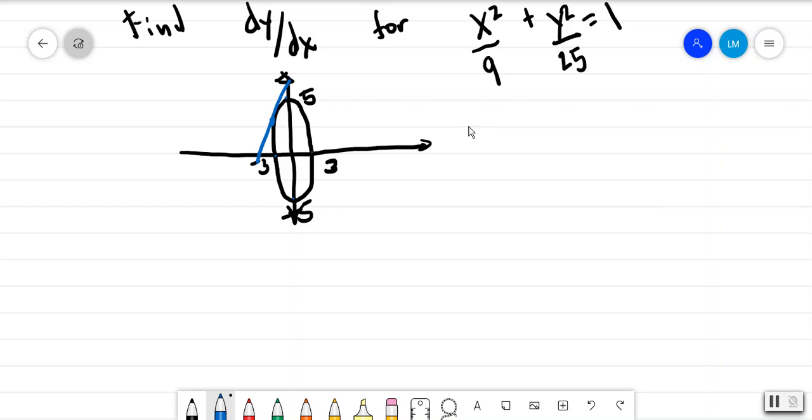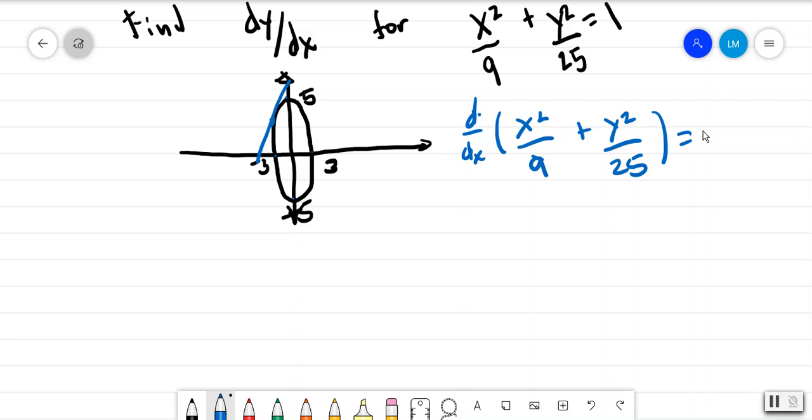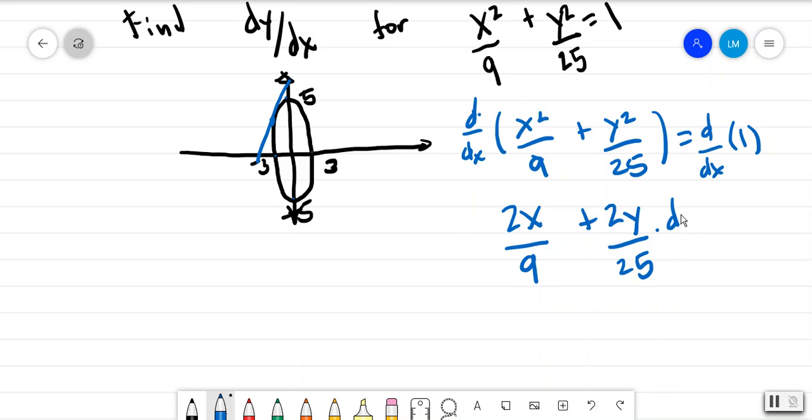Anyways, so we go and find dy/dx. We take the derivative on both sides of x squared over 9 plus y squared over 25 equals 1. So that's going to be the derivative of 1. So this is going to be 2x divided by 9 plus 2y divided by 25 multiplied by dy/dx, and this is equal to 0.